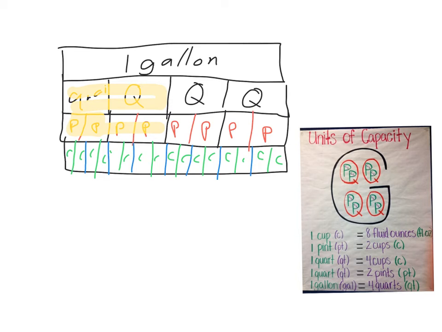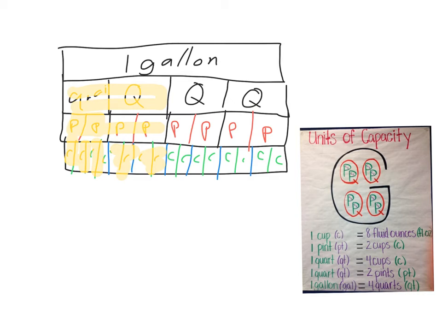You can then use that knowledge and know that for each pint, I need 2 cups. So 2, 4, 6, 8. So I need a total of 8 cups to make 4 pints or to make 2 quarts. So you can see this picture within it being cut up.